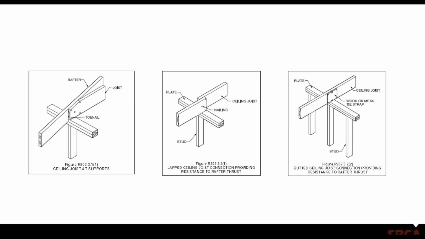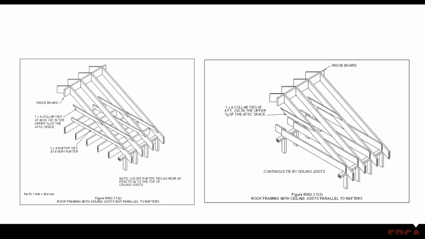It provides information about when the ceiling joists are lapped to provide resistance to the rafter thrust. You have to have a minimum 3-inch lap and a minimum connection detail for that. Or if you want to butt the ceiling joists together, then they need to use a wood or metal tie strap. And again, I've got a better diagram coming up here.